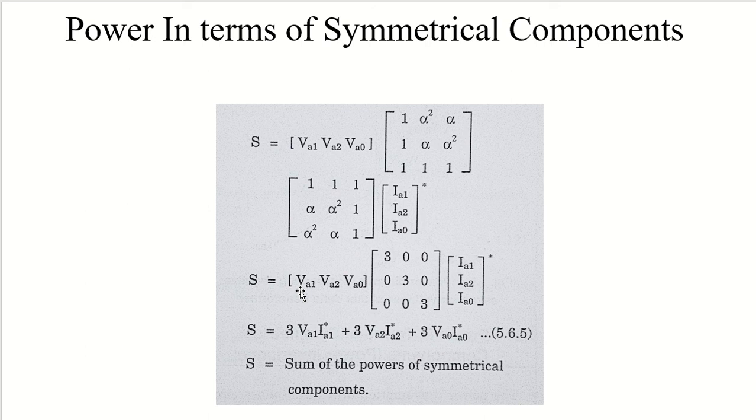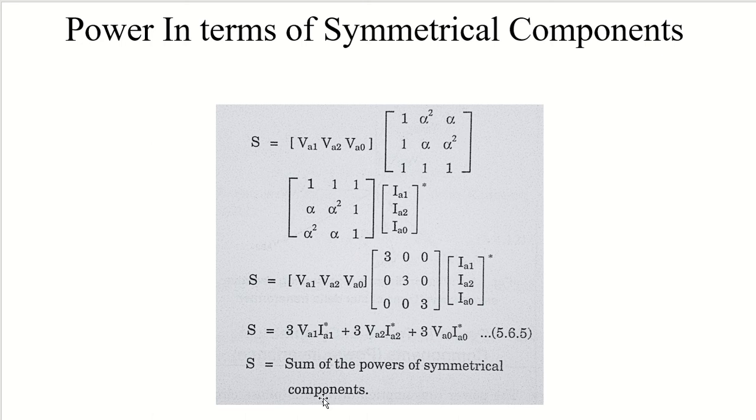Writing this formula a little differently, you can find the apparent power S equals 3 VA1 IA1 star plus 3 VA2 IA2 star plus 3 VA0 IA0 star. So your apparent power is the sum of power of symmetrical components.